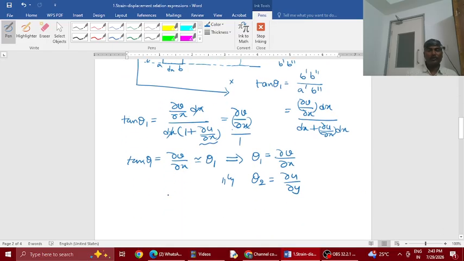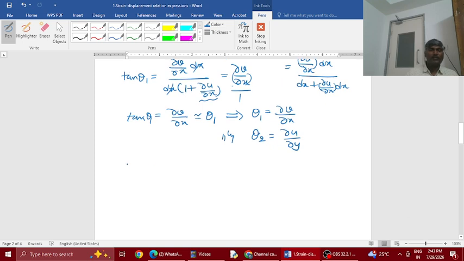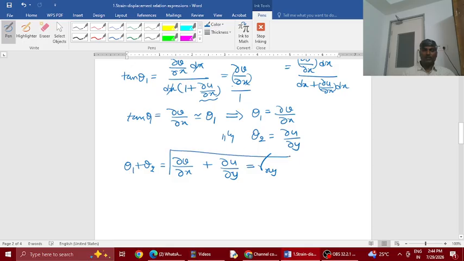Okay, so now the total change in angle, theta 1 plus theta 2, is equal to dou v by dou x plus dou u by dou y. So this is nothing but shear. As we are in the xy plane, you can write gamma xy. So this is the shear strain displacement relation.